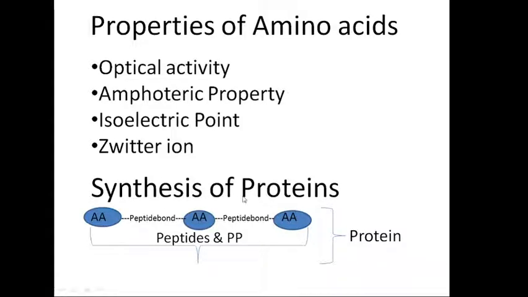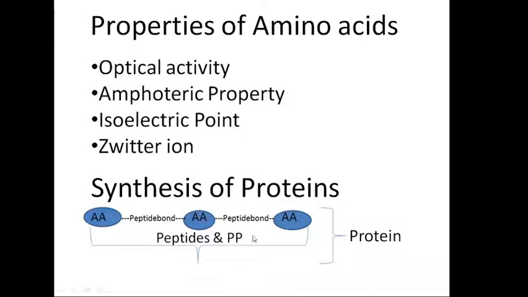Now, how does the synthesis of amino acids or proteins take place? One amino acid is conjugated to the adjacent amino acid through the formation of a peptide bond. As it joins, it gives rise to an indefinite linear structure of amino acids, which is called a peptide.